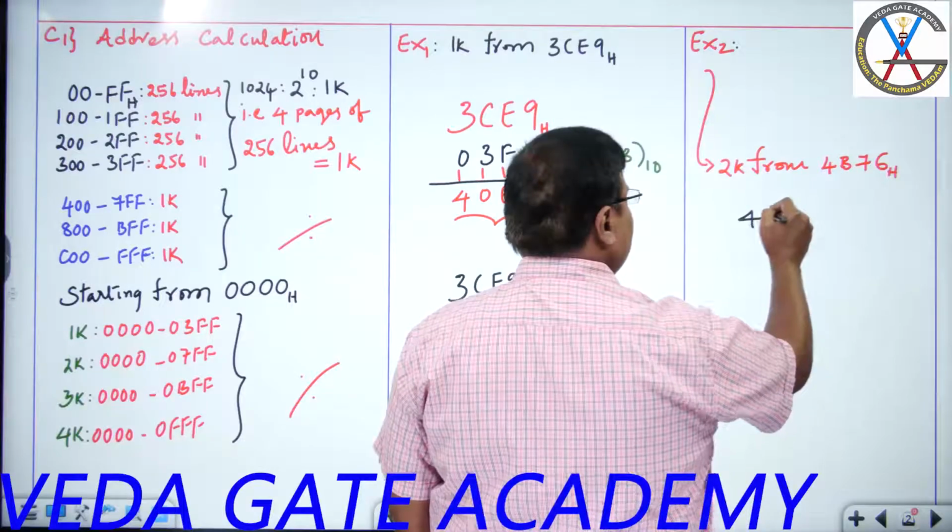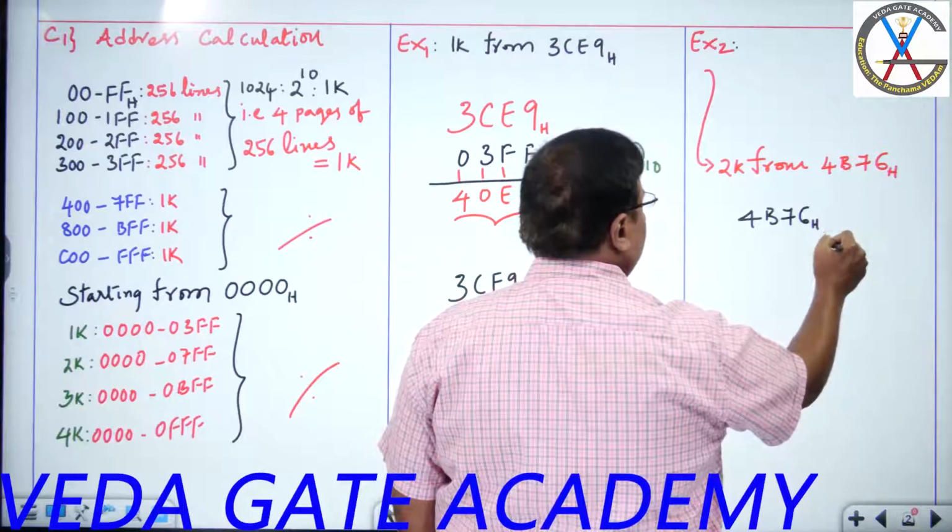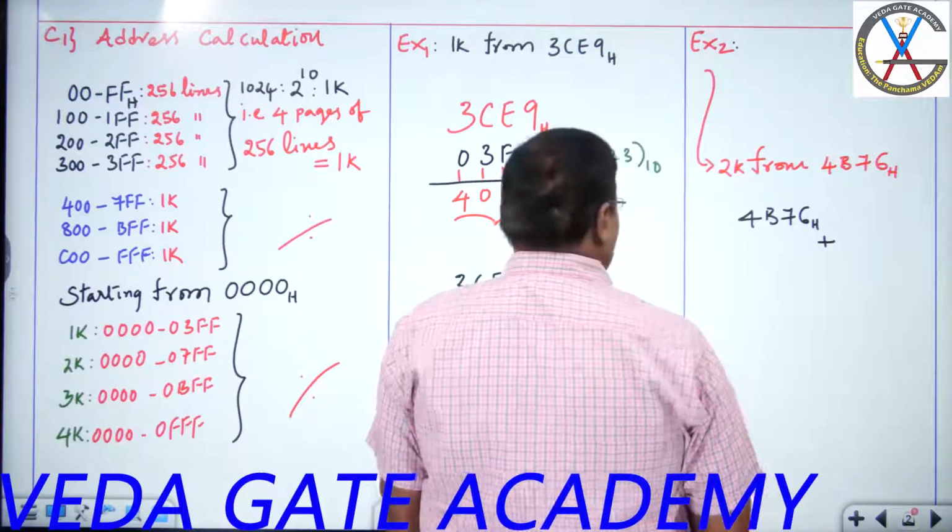So 4B76 is one line plus 2K, which is 07FF, right?